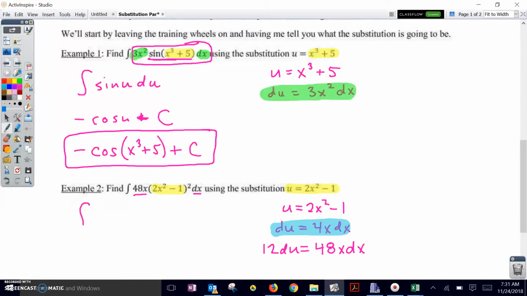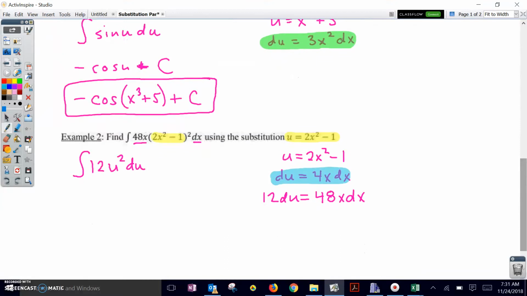And so when I'm done doing all that, I've got 12 u squared du. All right, make sure you process exactly what happened with that replacement there. And now I can take the integral of this by simple antidifferentiation.